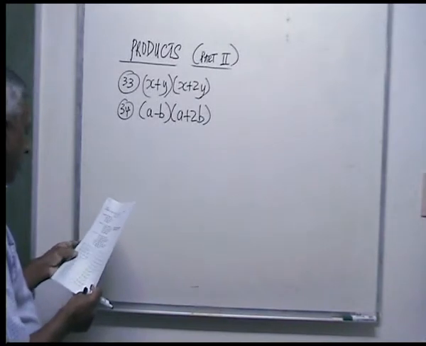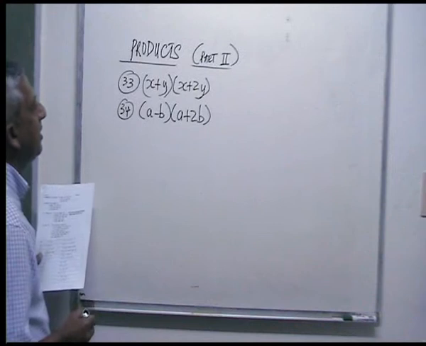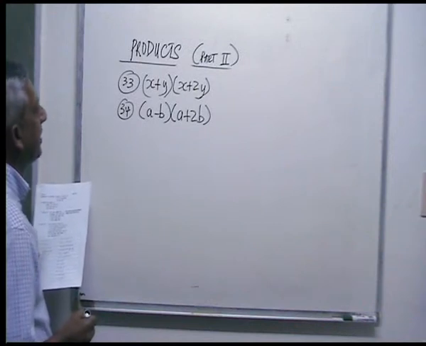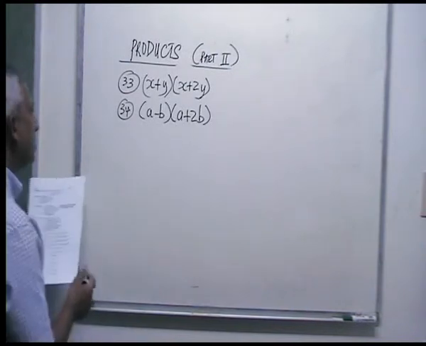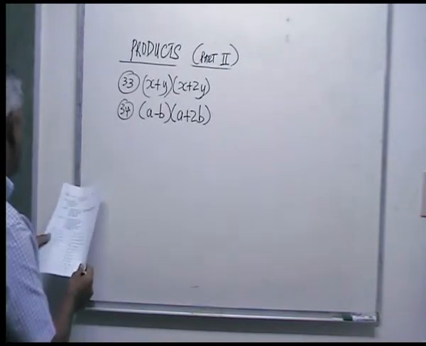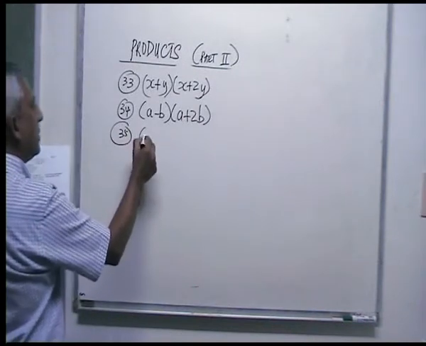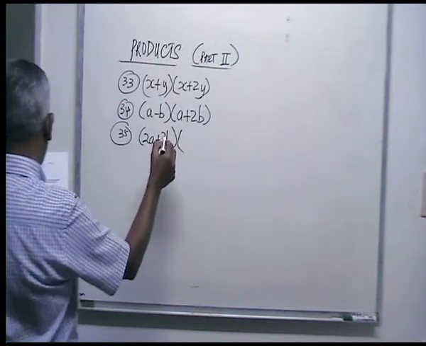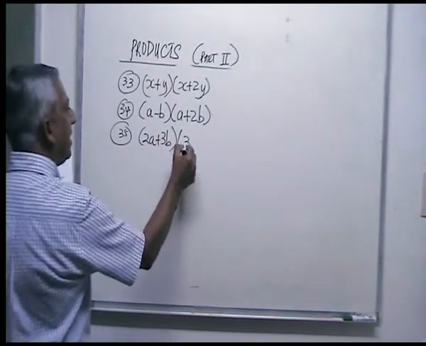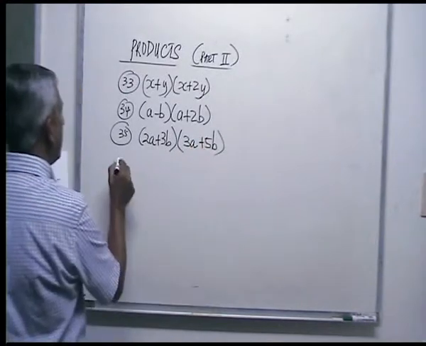So I'm giving you more examples now. Number 33, x plus y into x plus 2y. Number 34, a minus b into a plus 2b. Number 35, 2a plus 3b into 3a plus 5b.